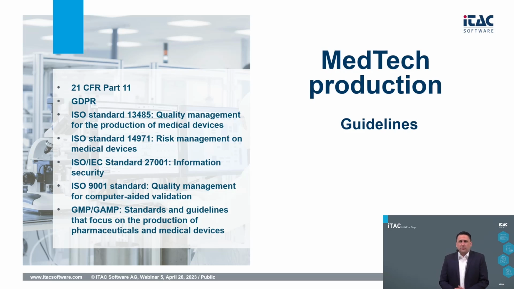Last but not least, also pretty often mentioned is the GMP, the good manufacturing practice. The good manufacturing practice is a guideline created on top of the CFR Part 11. It should give you the best methods on how to achieve a validated system at the end, to be able to sell your products according to the FDA.